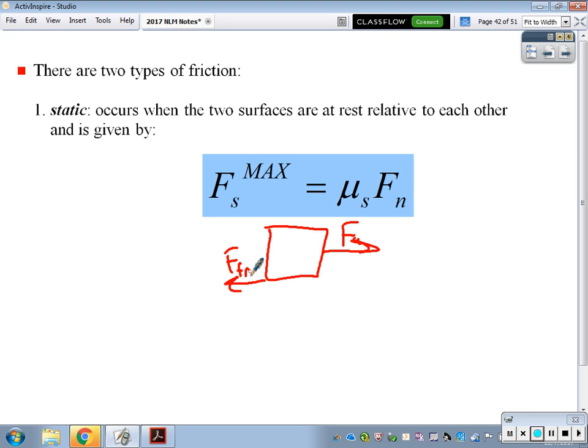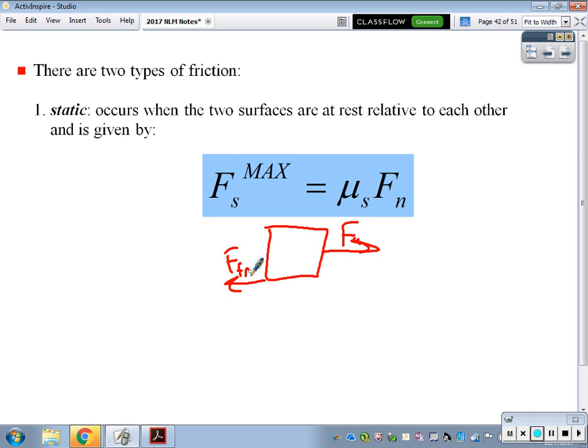Object is initially at rest. If the force applied is 40 newtons, what does the frictional force have to be? Its maximum is 100. It's going to be 40, because if it is static, it's not accelerating.